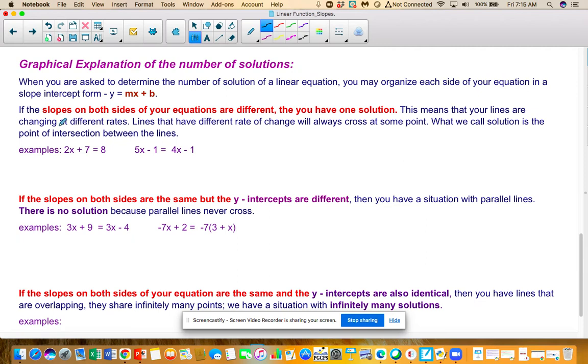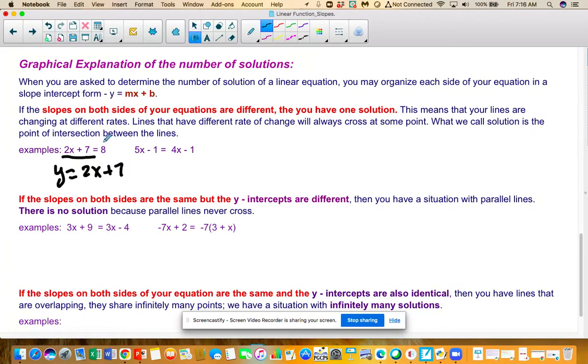First, let's talk about the one solution situation, right? So, I want you to see that the left side, this left side right here, you can look at it as y equals 2x plus 7.